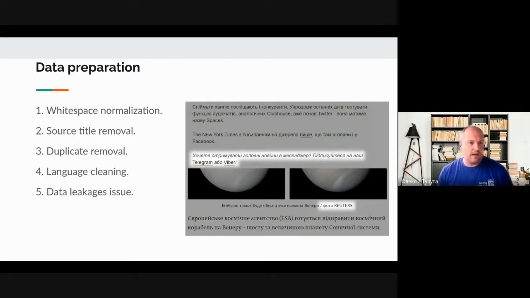After that, we clear non-Ukrainian language pages. We remove English pages and pages in Russian, because we want to compare our models only on Ukrainian text. And other data leakage is sure.